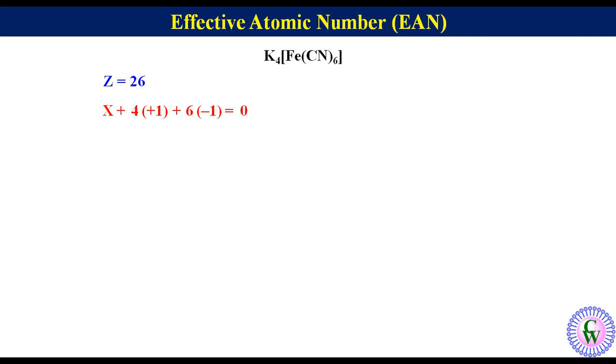So we can write X plus 4 minus 6 is equal to 0, or X minus 2 is equal to 0, or X is equal to plus 2.